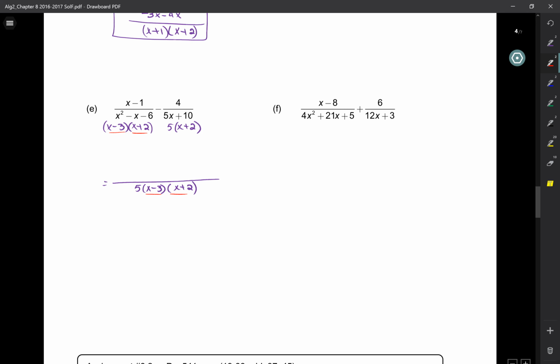What's going to be left over? 5. So we do 5 times x minus 1 minus, now with the second one, 5x plus 2. So this divided by this, what's the same? x minus 3, x plus 2 is the same.